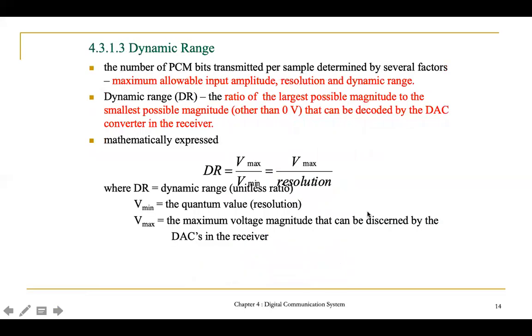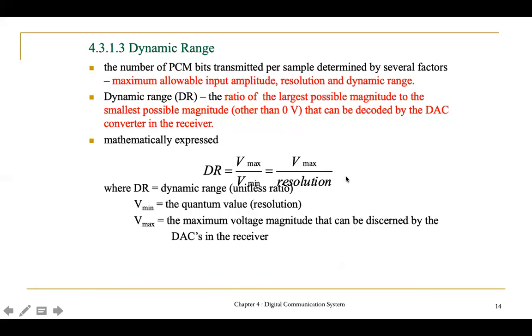And next, the next parameter is the dynamic range. Okay, so the number of PCM bits transmitted per sample is determined by several factors, which are maximum allowable input amplitude, resolution, and dynamic range. Okay, and what is dynamic range? Is the ratio of the largest possible magnitude to the smallest possible magnitude that can be decoded by the digital to analog converter in the receiver. So the dynamic range can be expressed as Vmax over Vmin or Vmax divided by the resolution.